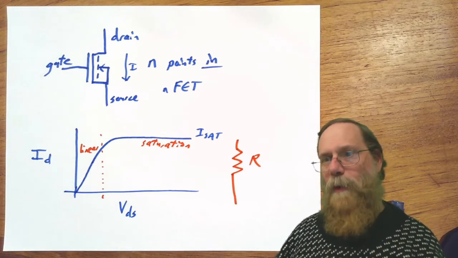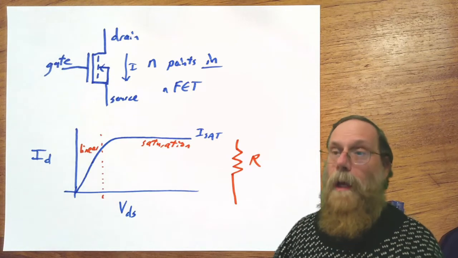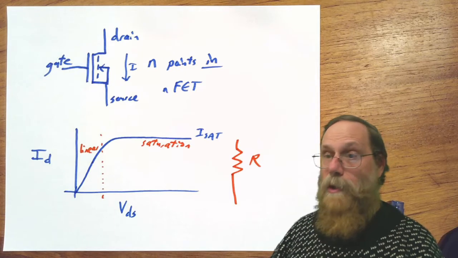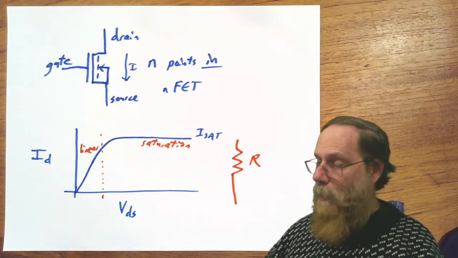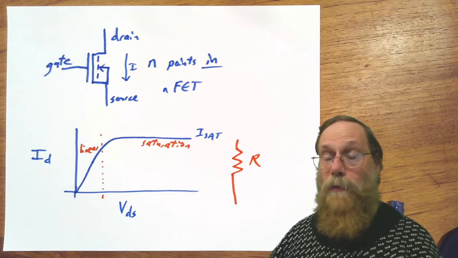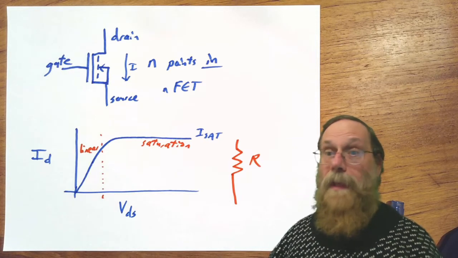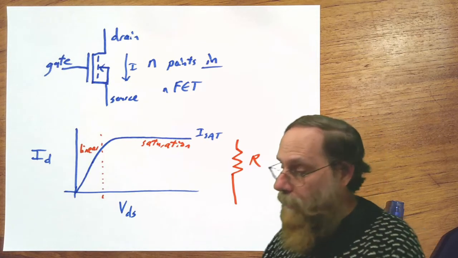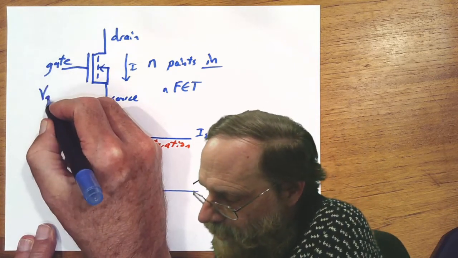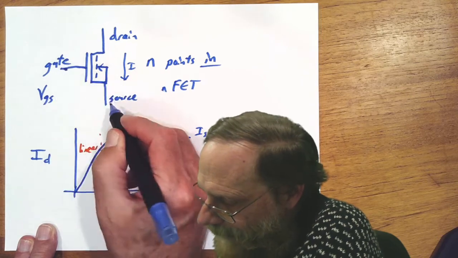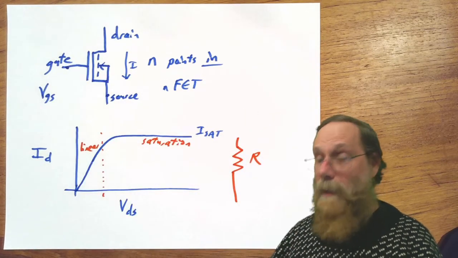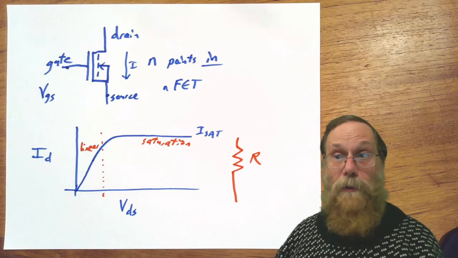Well, if we just wanted a resistor, why didn't we just use a resistor? This is where the gate comes in. The gate changes this characteristic. What I've shown here is a typical characteristic for a transistor that's turned on. That is to say that if the gate voltage, or more specifically, the gate to source voltage between the gate and the source, is high, then we get a characteristic like the one we've shown here.